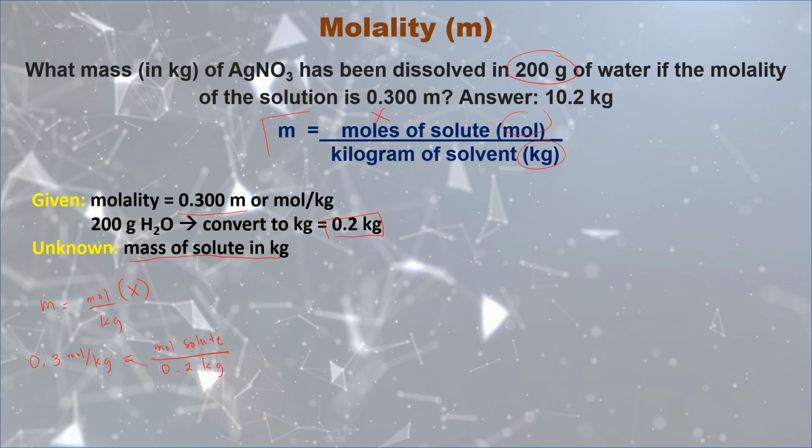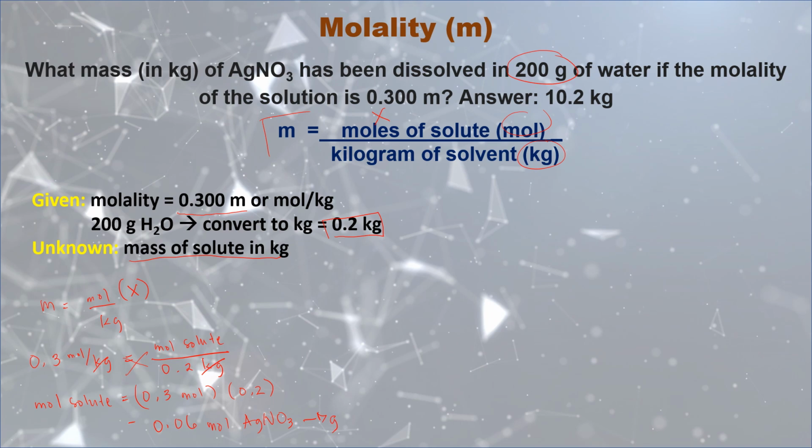And then cross multiply, so kilogram here will be cancelled. Moles of solute therefore is equal to 0.3 moles times 0.2. So the answer here is 0.06 mole silver nitrate.